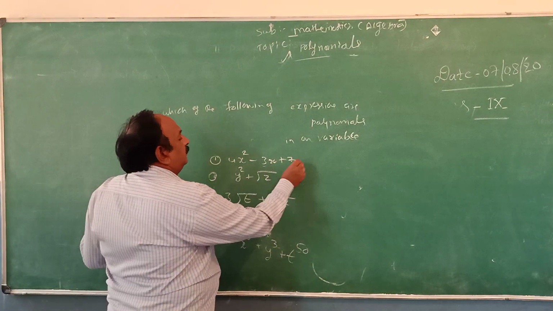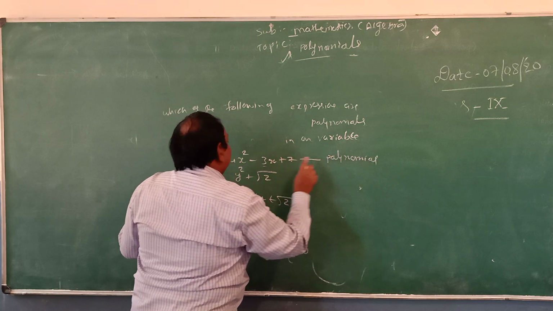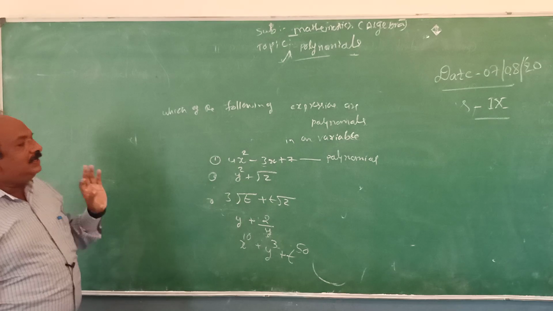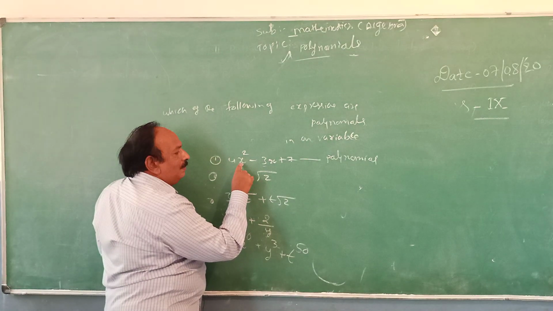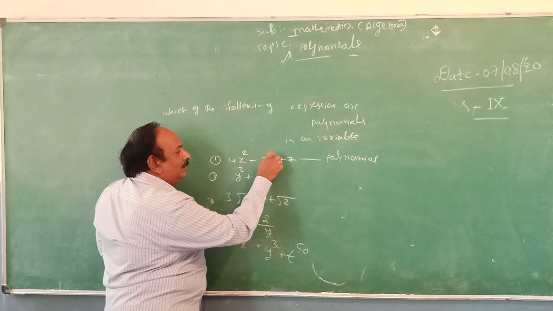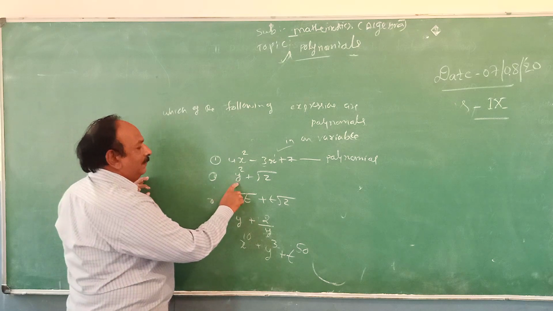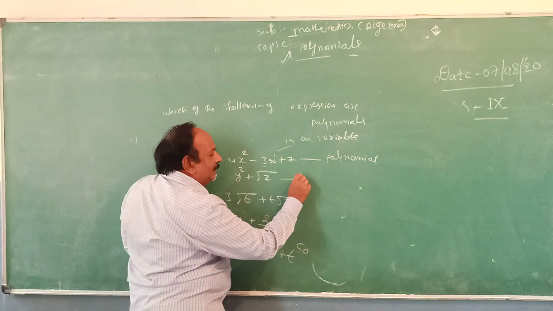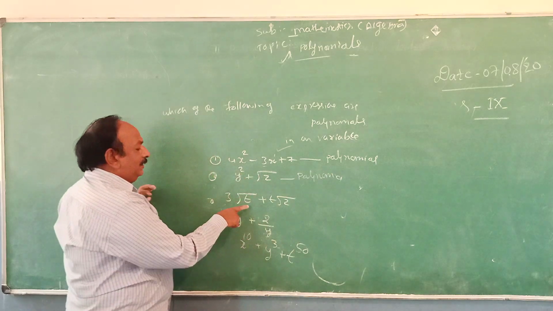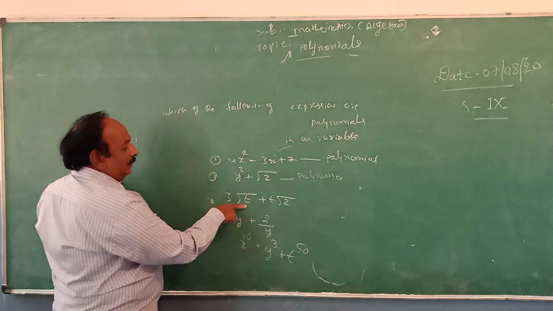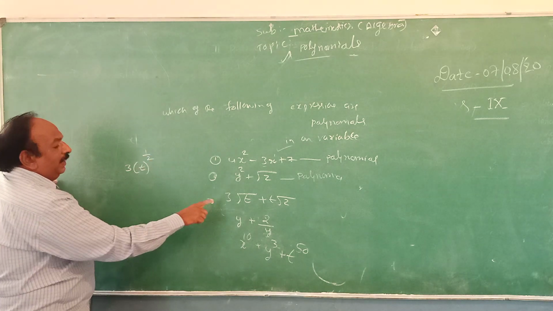So, this is a polynomial because the exponent is a whole number. The variable exponent here is a whole number, so it is a polynomial. This one is also a polynomial because the exponent is a whole number. But here, this can be written as 3 t to the power of 1 by 2.